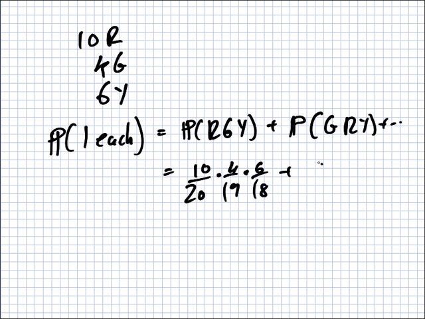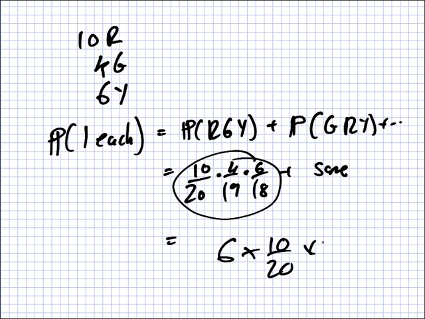The others will be the same, just in a different order. So it's just this multiplied by 6, because all you're doing is rearranging red, green, yellow. So the answer will be 6 times 10 over 20 times 4 over 19 times 6 over 18.